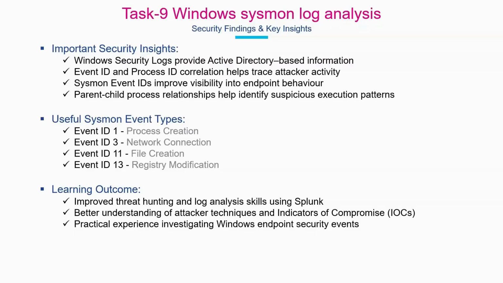There are a few event IDs showing us, for example, it improved our threat hunting and log analysis skills in Splunk, and improved our understanding of attacking techniques. It was a nice practical experience of investigating Windows endpoint security events.